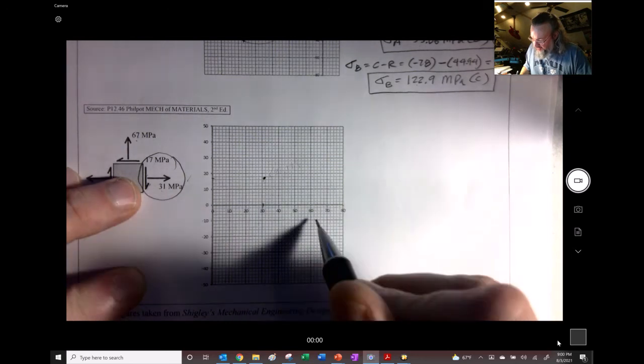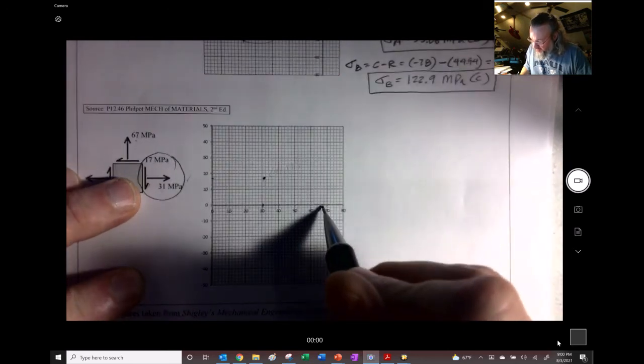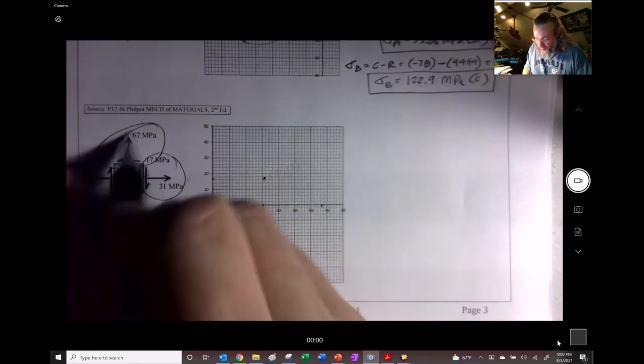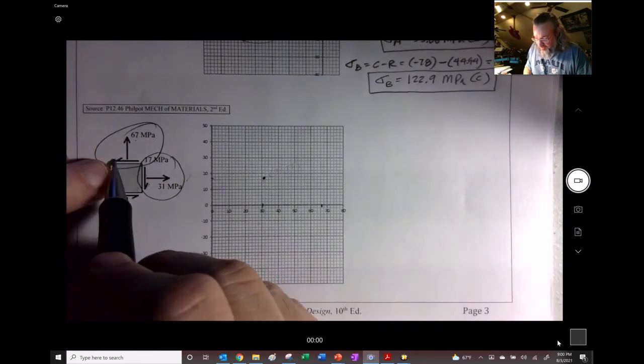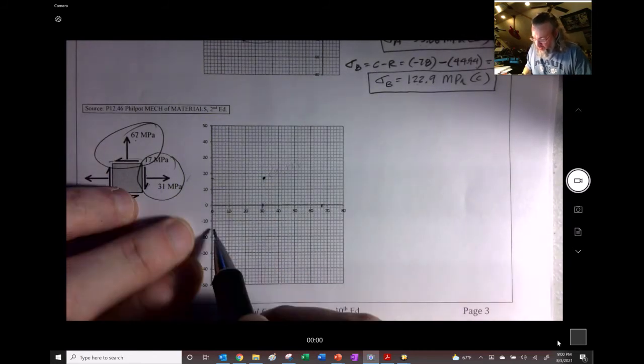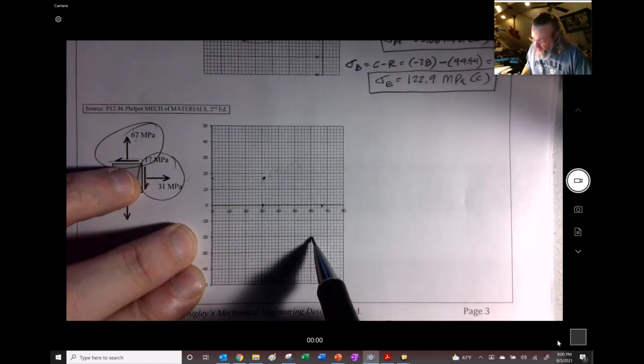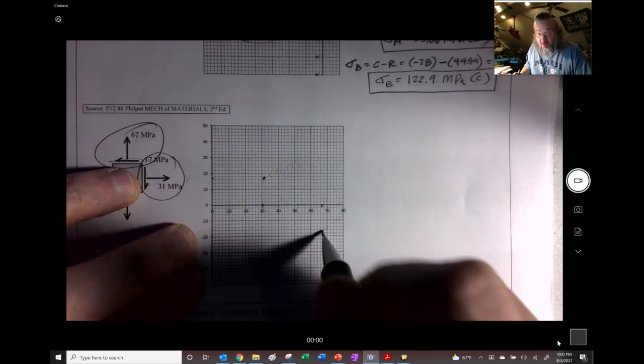Go 67, so that's like 68, so just a little bit shy of that. And then I'm plotting that point right there. This is counterclockwise, so it's down below, and it is 17, so it's somewhere right in here. So I'm going to say like right in there.